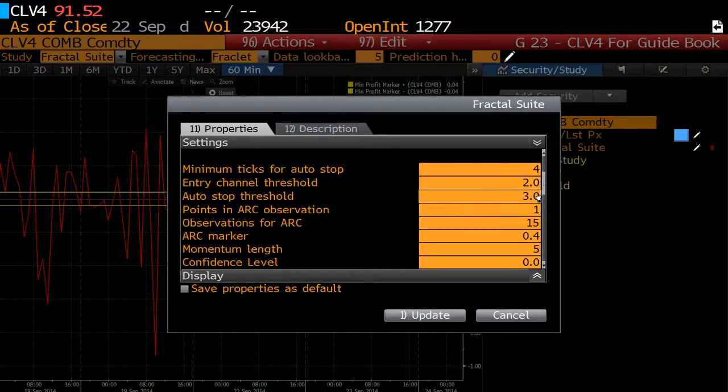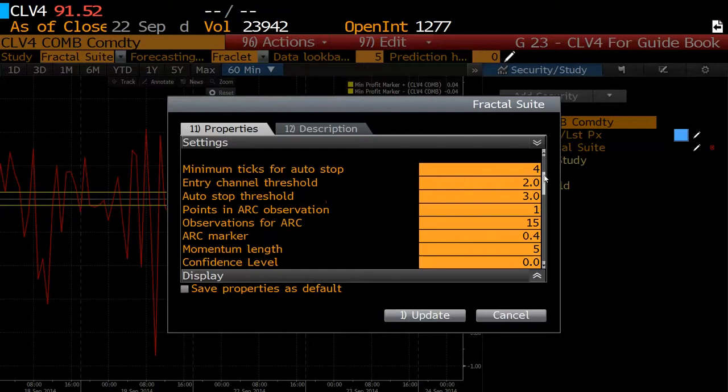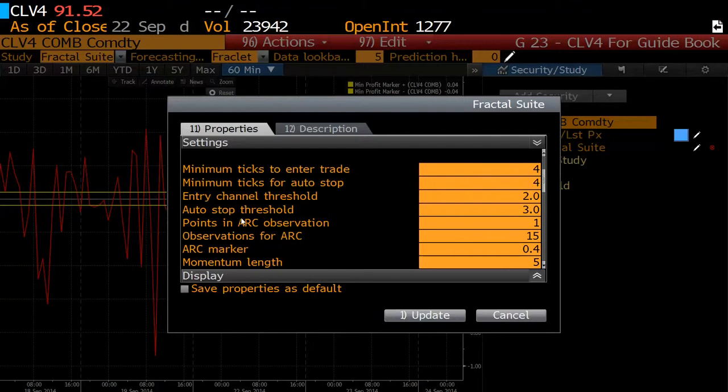Remember our settings here. We have the entry channel threshold and the auto stop threshold. Well, for the markers, we don't use an auto stop. There is no stop loss marker. But we do have the equivalent of the entry channel threshold. And as a matter of fact, the marker responds to this input. So let's go ahead and change this back to 1.0.